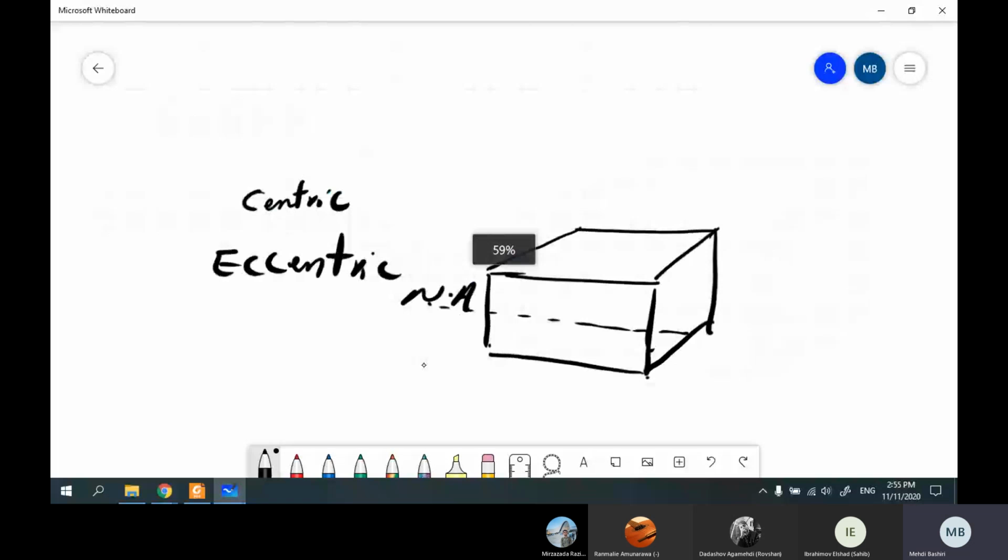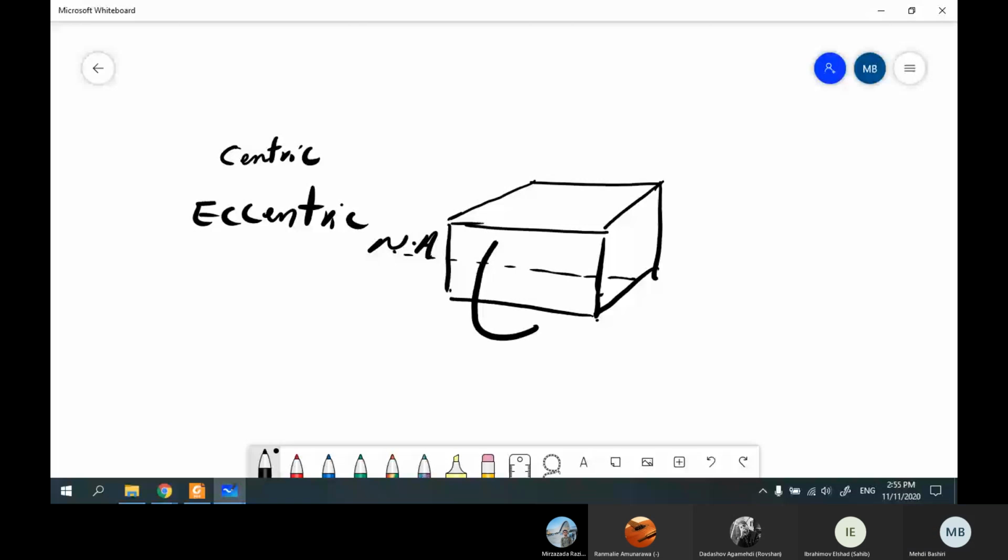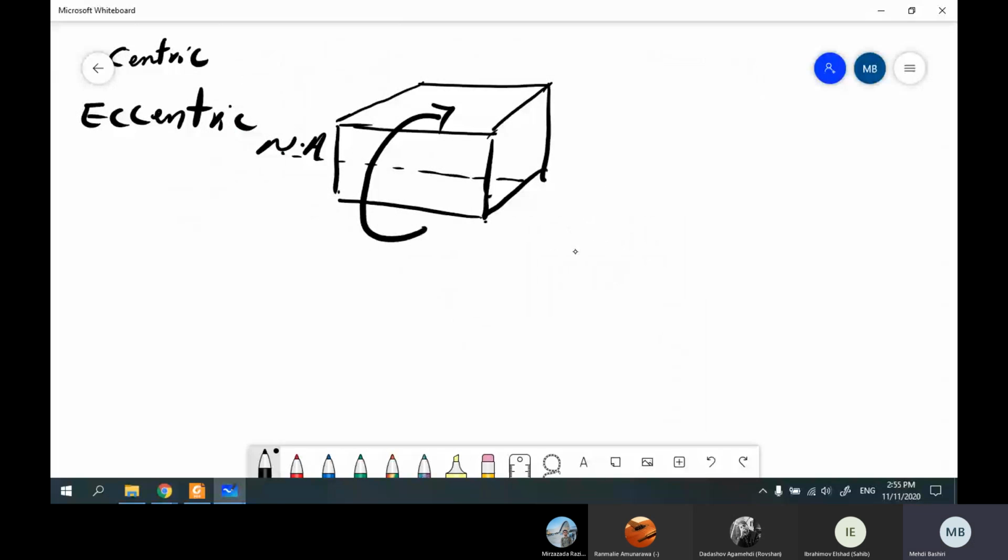And in this case, when we apply a moment, a bending, about this axis, everything is symmetric. What does it mean, symmetric? If you remember, one part was under compression, the other part was under tension.